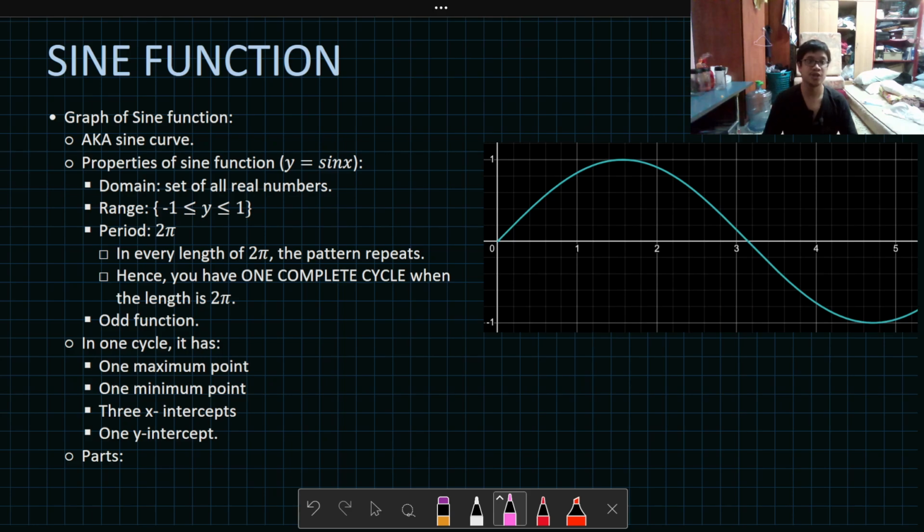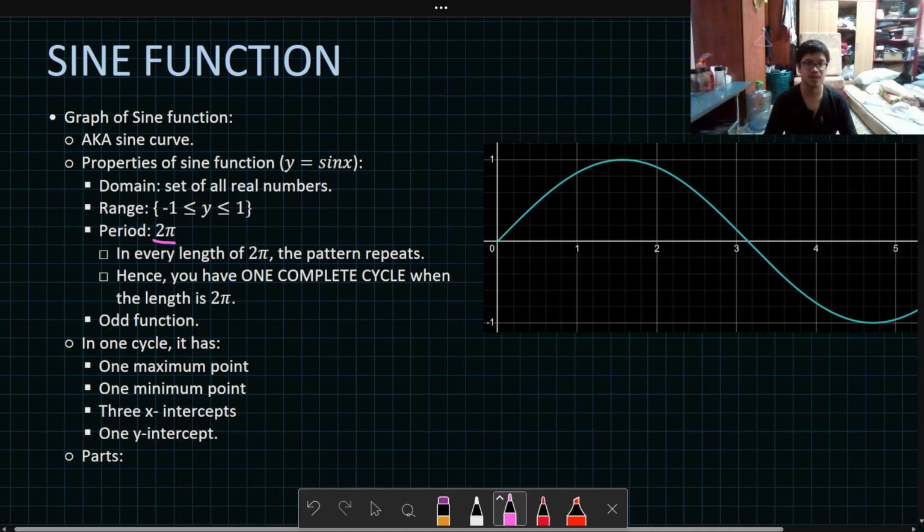What does it mean? It implies that in every length of 2 pi units, the pattern repeats.